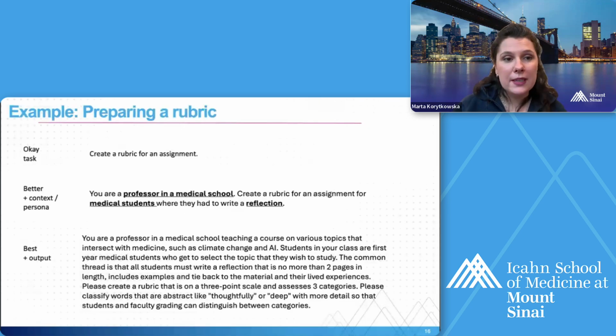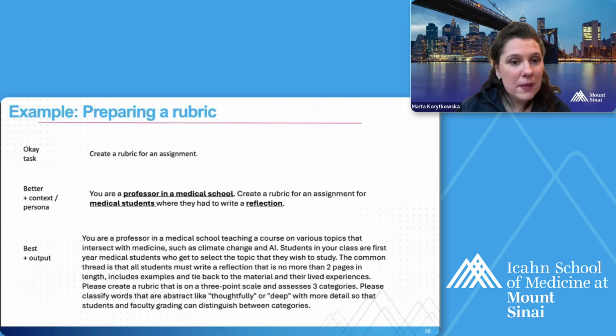Now, you'll get the best output by having this prompt. You are a professor in a medical school teaching a course on various topics that intersect with medicine, such as climate change and AI. Students in your class are first-year medical students who get to select the topic that they wish to study.